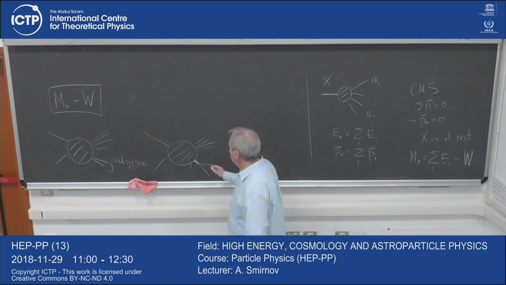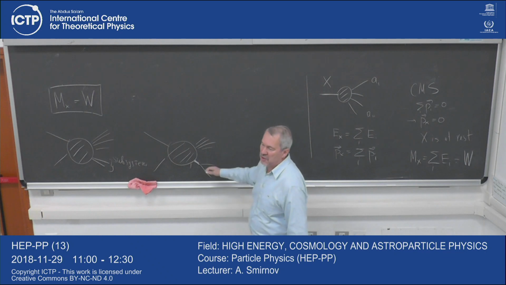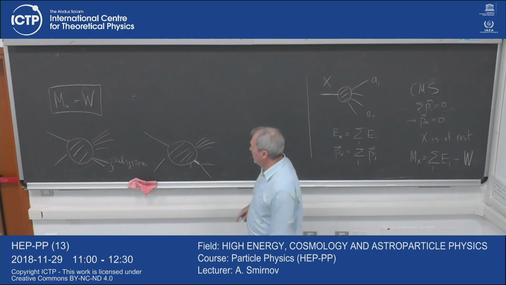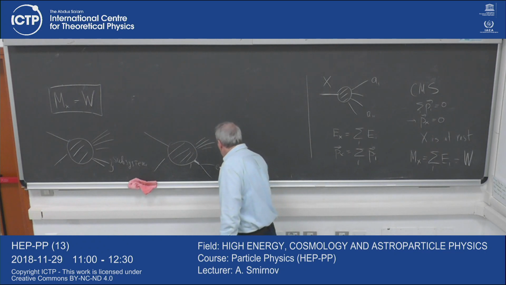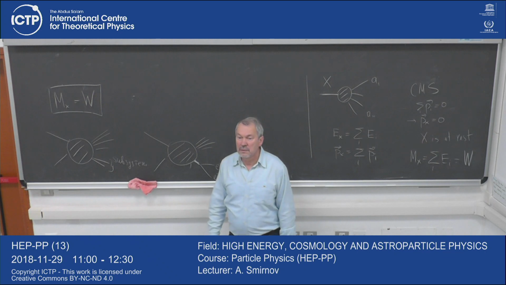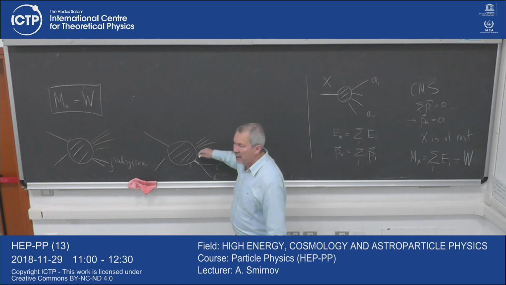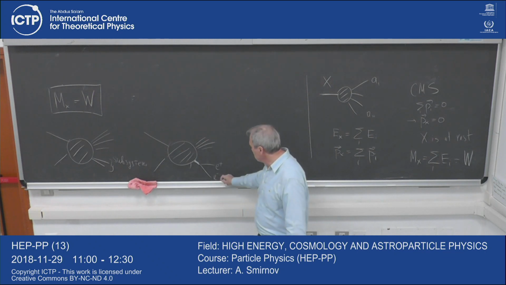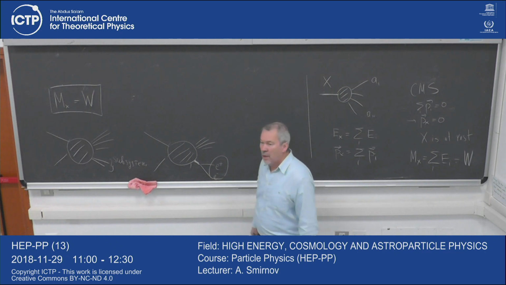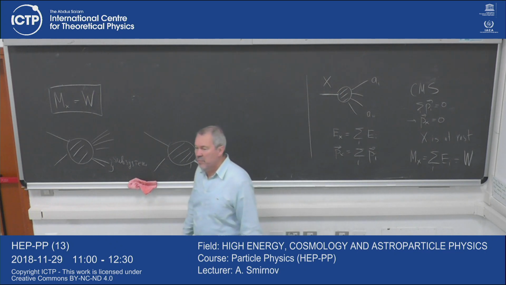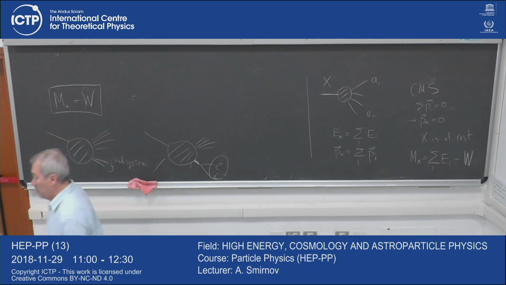So why can you be suspicious that something originates from a single particle decay? Suppose you have interactions of hadrons. And suddenly you see here e plus e minus, or mu plus mu minus. So here you have some hadrons, here you have some hadrons, and then you see this appearance. So you may suspect that maybe this e plus e minus appears from the decay of a single particle. It may happen so, or may not, but you can try it.